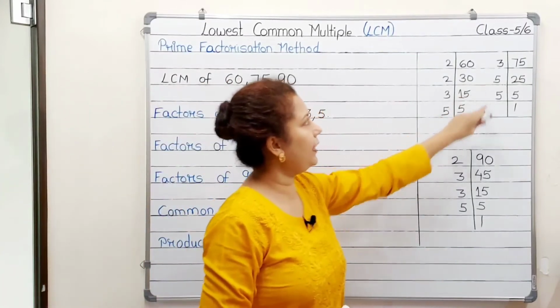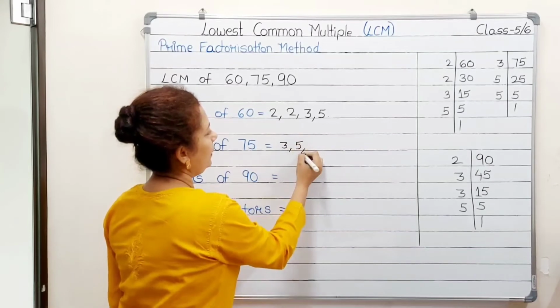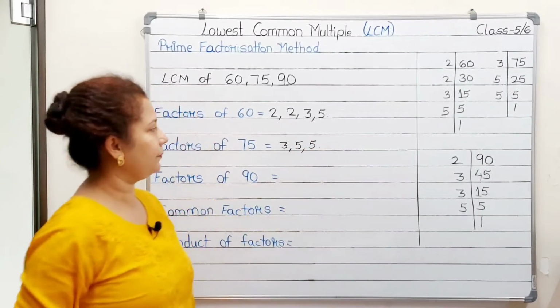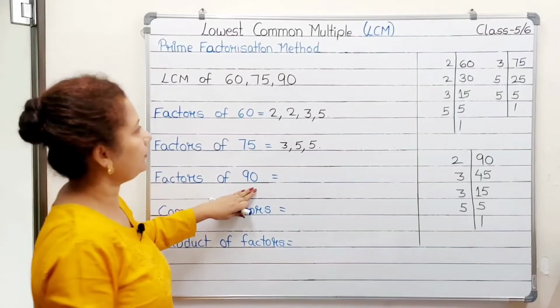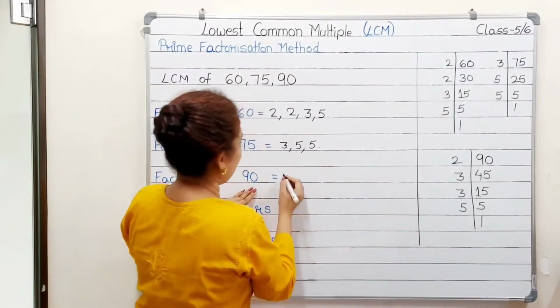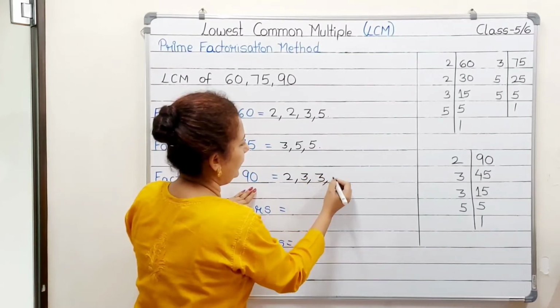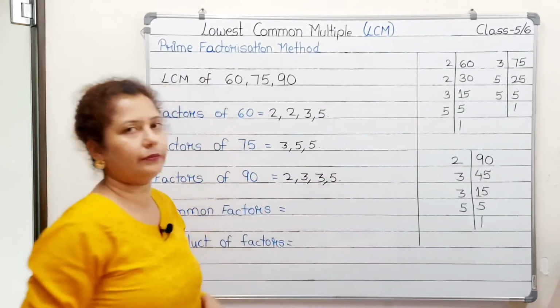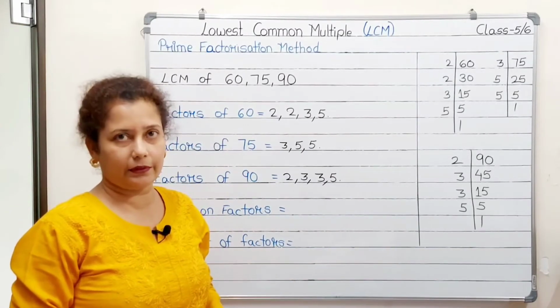Factors of 75 are 3, 5, 5. Next, factors of 90. So factors of 90 are 2, 3, 3 and 5. So we are done writing the factors of all the numbers.